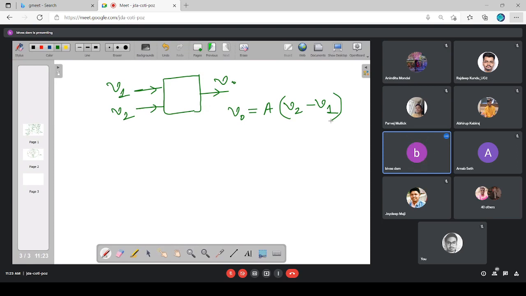Now, if I have two voltages V1 and V2, they will have one difference signal, VD = V2 minus V1. They might also have one common signal, that is the average of these two, VC.